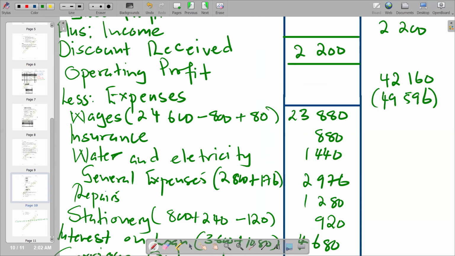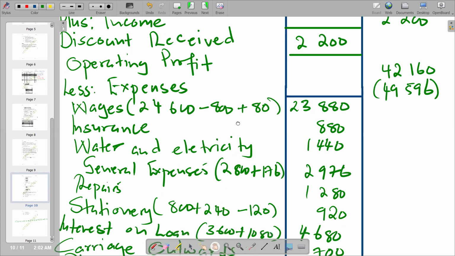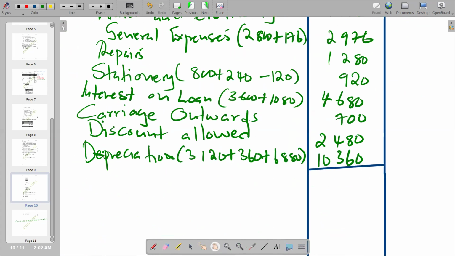And we are saying less expenses, so we're subtracting more than our operating profit figure. So obviously, it's going to lead us to a negative figure there, which is going to be your final figure for net loss, since we are having a negative answer there.